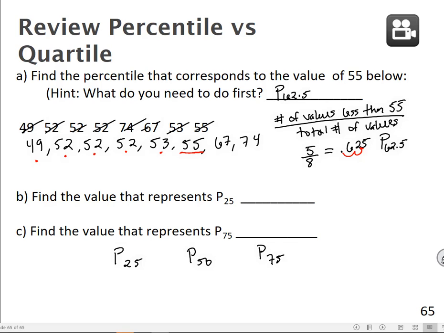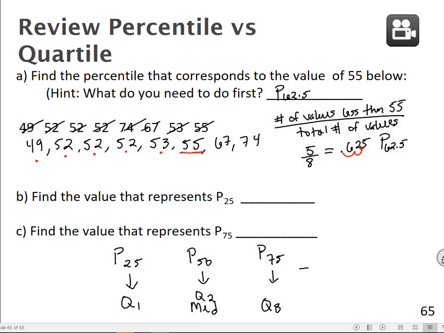P25 corresponds to Q1, because Q1 represents the lower 25% of our data, which is the same thing as P25. P50 was our median, or Q2. And then P75 was Q3.